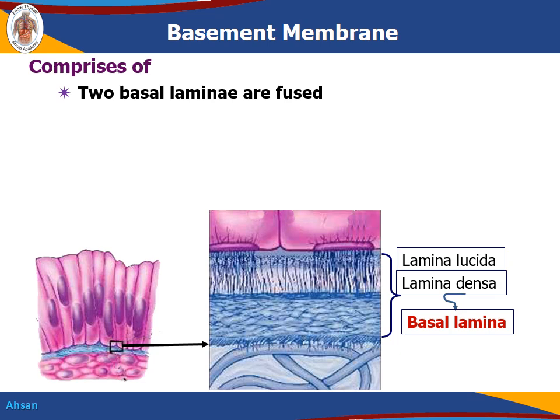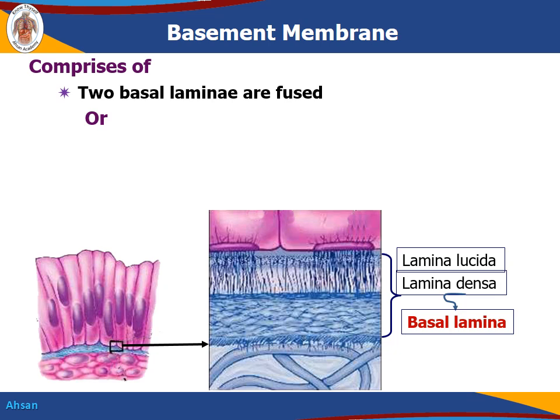So in the opposite direction the same thing is there. From one side we get the lamella lucida and densa of one epithelium, then the densa and lamella lucida of the other epithelium. So this becomes very thick and is known as the basement membrane. This can be observed even in a light microscope.